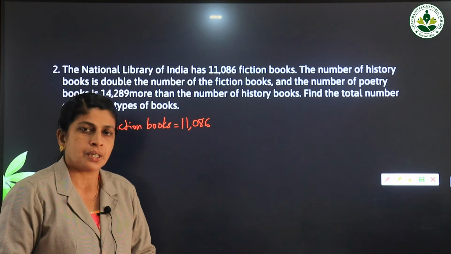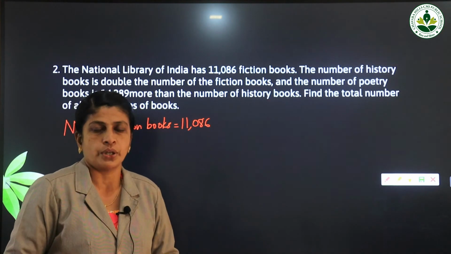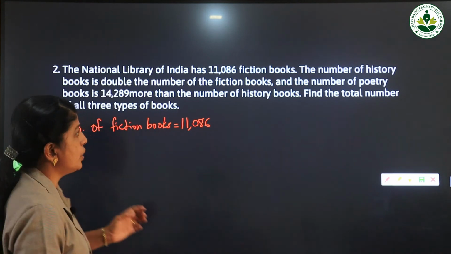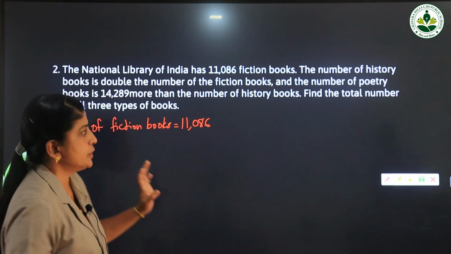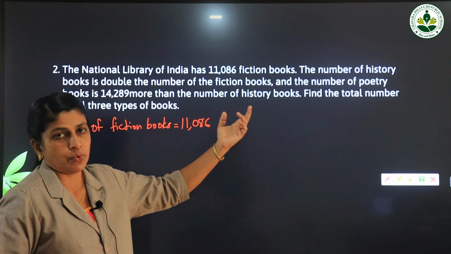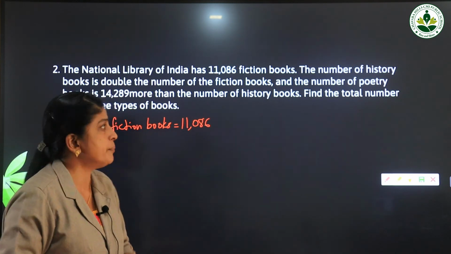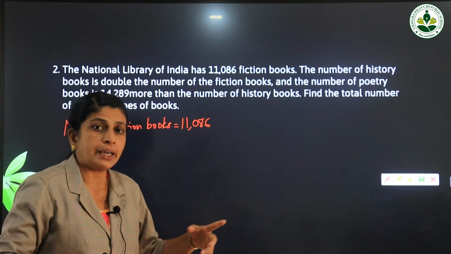Next, the number of history books is double the number of fiction books. Double means what? Double means 2 times, twice. 2 times means multiply by 2. Therefore, to get the number of history books, we need to multiply the number of fiction books by 2.